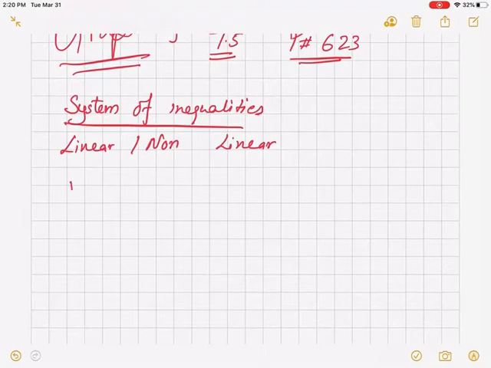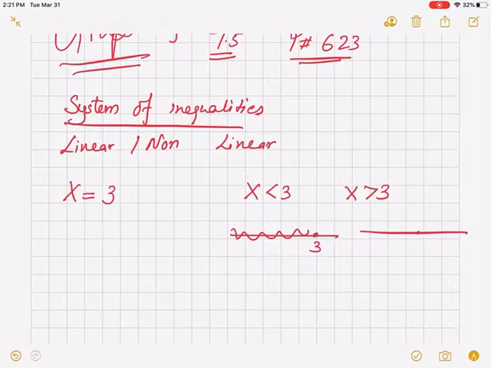When it comes to inequality, let me give you a heads up. I hope you remember, I always give this example. If I say x is equal to 3, it's an equation, meaning x is exactly equal to 3. But when I say x is less than 3 or bigger than 3, it's not just one solution. This is where we graph. If it's less than 3, everything less than 3 would be your answer.